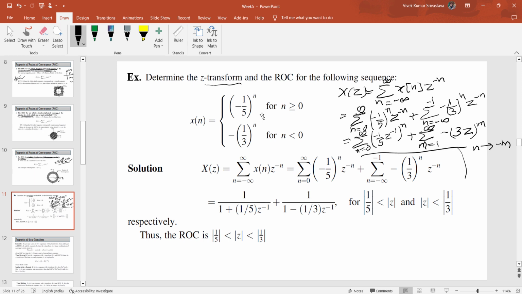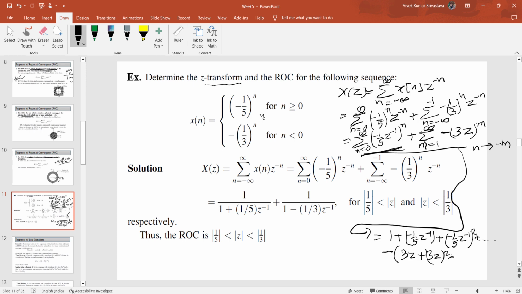Once you evaluate this expression, the first part is a GP series starting from 1 plus minus 1 by 5 z raised to the power minus 1, plus minus 1 by 5 z raised to the power minus 1 squared, plus and so on, plus this term, which is basically minus, because one minus sign I am taking common outside the summation, and this will be 3z plus 3z squared plus 3z cubed, and so on.